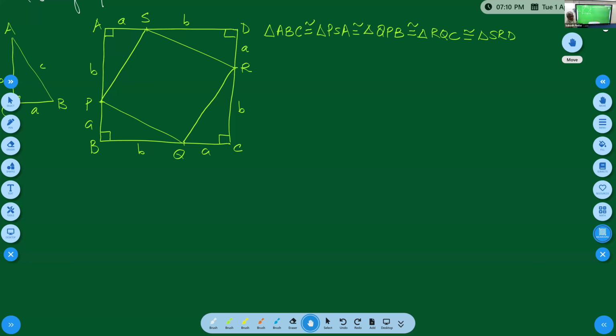Now it is important to write by which test it is congruent, and the test is SAS, because we have constructed it. SAS. Correct. So we have used three things to make these four triangles and the fifth one congruent. Therefore, we can deduce so many things.